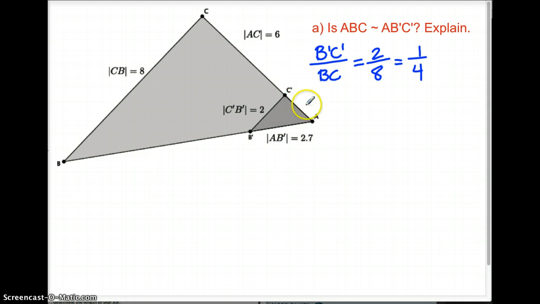Now remember, for them to be similar, that has to be true for the other sides as well. I know AC, but I don't know AC prime. And I know AB prime, but I don't know AB. So just based on this, I really don't have enough information to determine if they are similar or not.